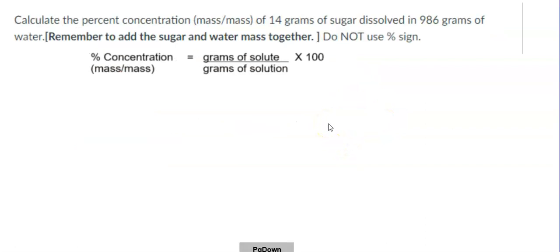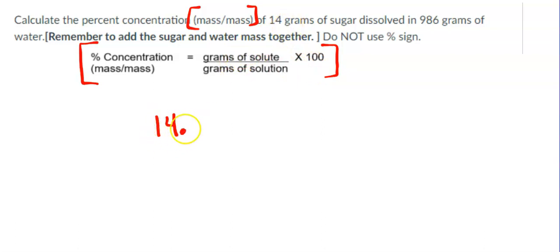All right, last example. This one is mass over mass. The equation from the periodic table on the left, you can use that. Grams of solute, so that's the 14. This one's going to be pretty easy. Over 986 grams of water.